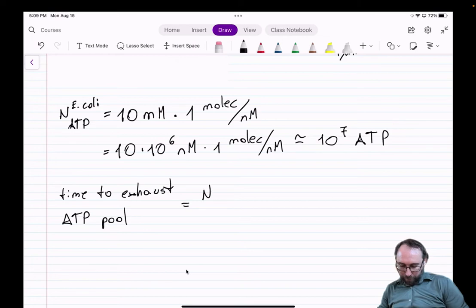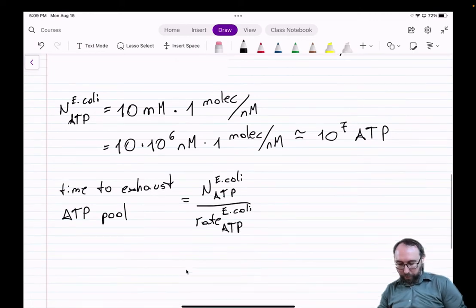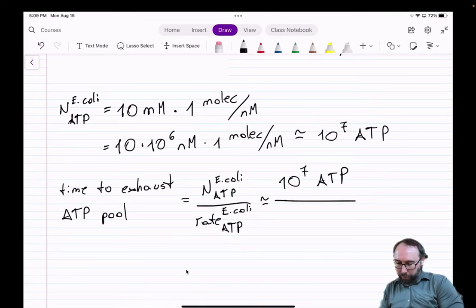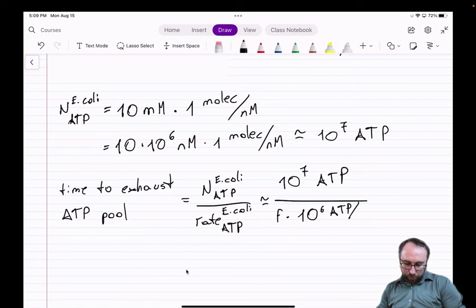The number of ATP molecules in E. coli divided by the rate with which E. coli is using up these ATP molecules. And we know this is, on the top we get 10 to the 7 ATPs. And in one of the previous vignettes, we calculated, if I remember correctly, that we're dealing with a few times 10 to the 6 ATP molecules per second.